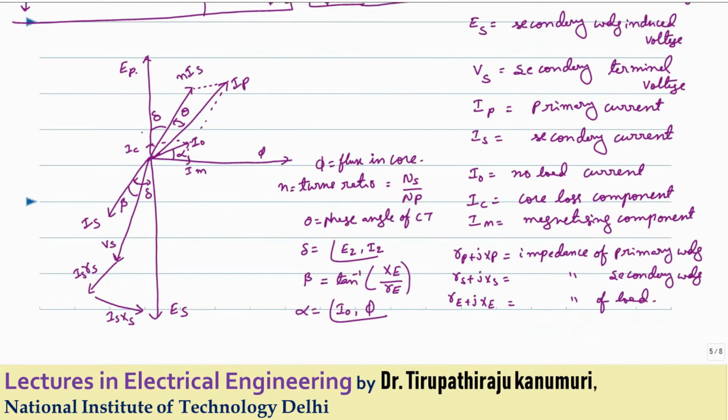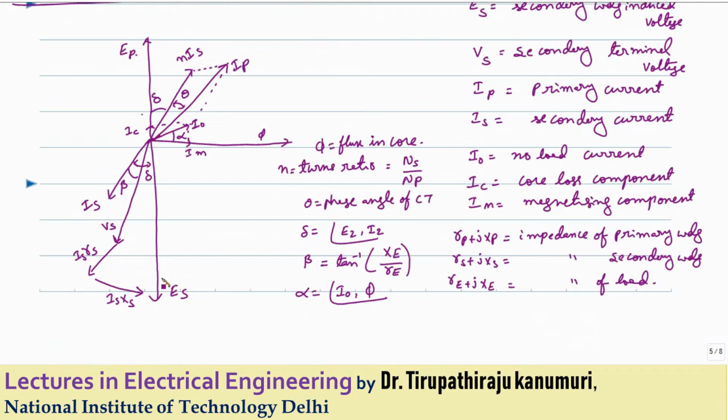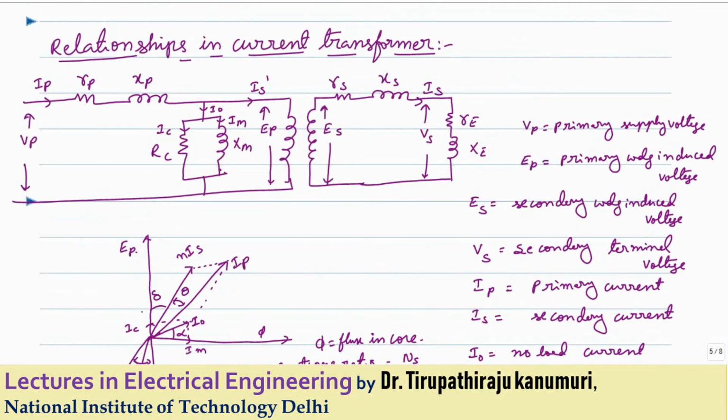So now coming to the secondary side, let us assume the secondary side induced EMF I am representing by Es because of the current passing in the primary. So this Is will be lagging behind Es, let us assume by some angle delta. So this delta indicates the phase angle between Es and Is. If you go to this phasor diagram again, the phase angle between Es and Is will be due to the impedance.